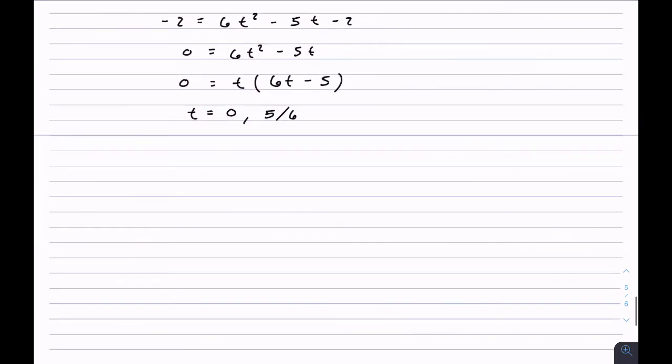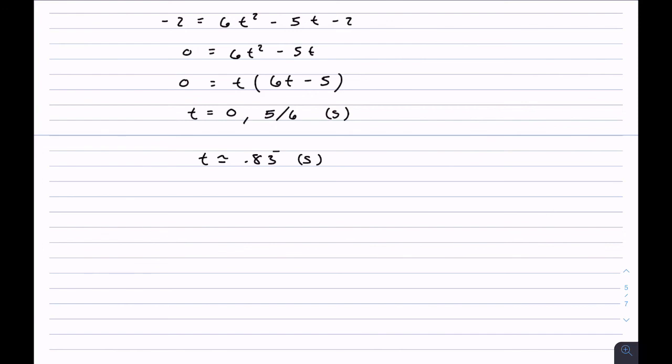Okay, so obviously we don't want 0. We want to know how much time has passed when it gets back to the original position. That happens after 5/6 seconds, so t is equal to 0.83 seconds.